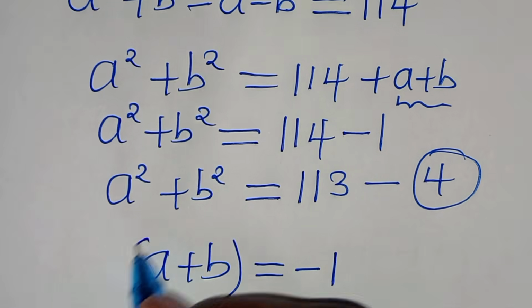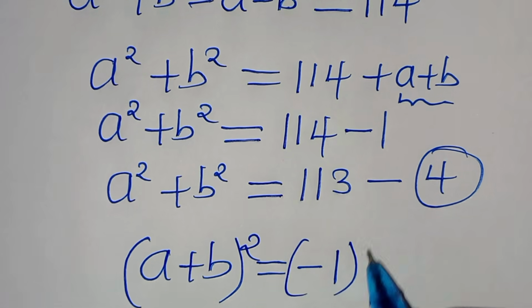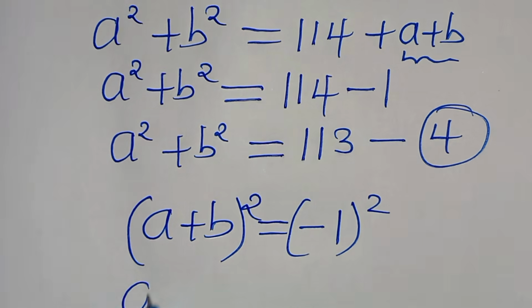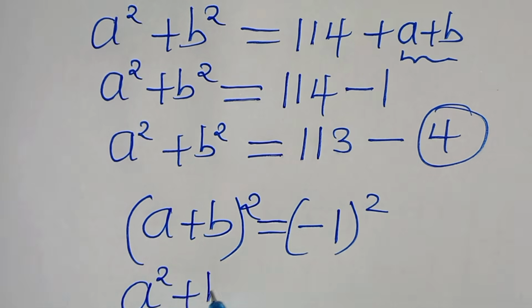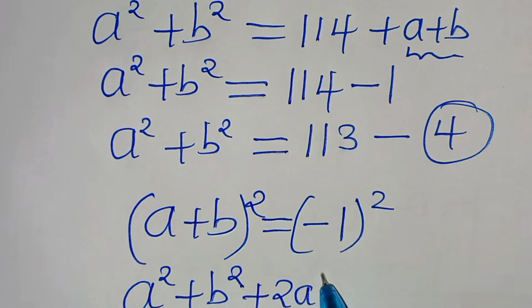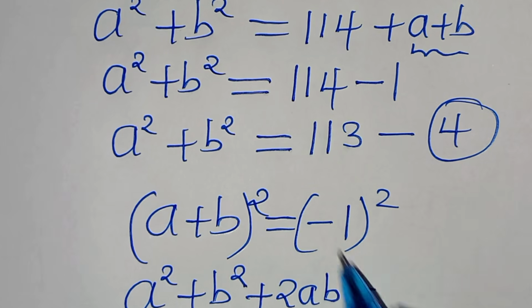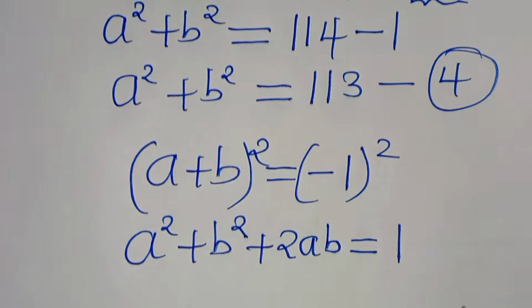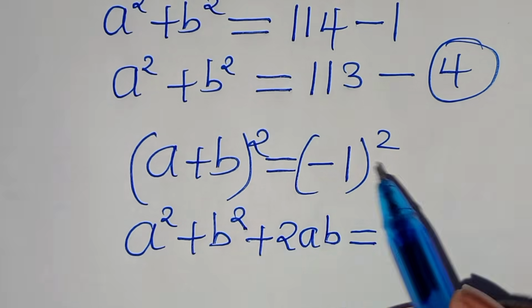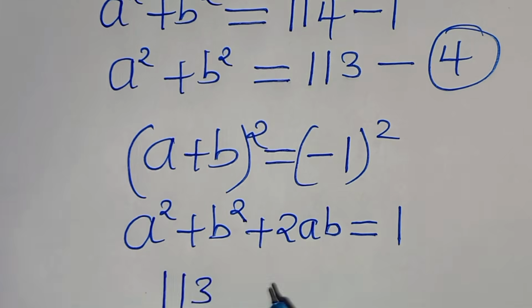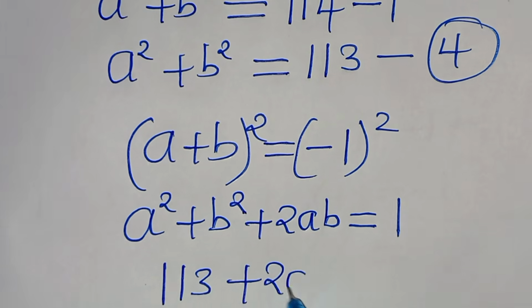Let's square both sides, so that a plus b to the power of 2 is the same thing as a squared plus b squared plus 2ab. This is equal to minus 1 squared, which is 1. A squared plus b squared is equal to 113. So we have 113 plus 2ab.